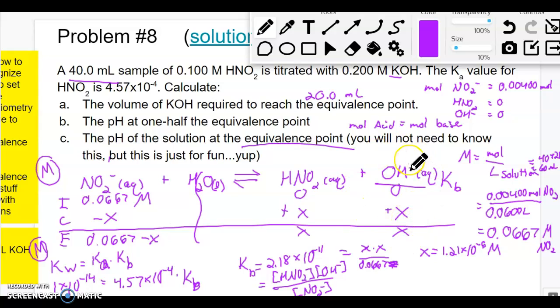This is the same as my concentration of OH minus, but oh my goodness, now I need to actually convert that to pH. So my pOH is equal to negative log of the concentration of OH minus, negative log of 1.21 times 10 to the negative 6 molar. And I get 5.918.